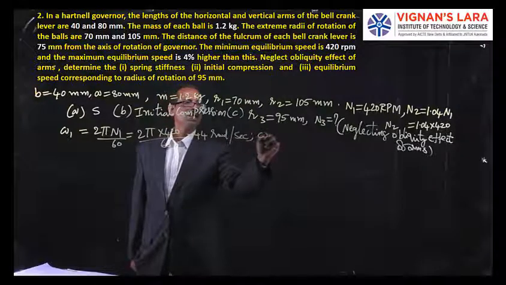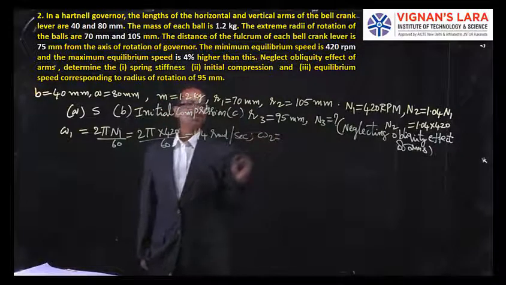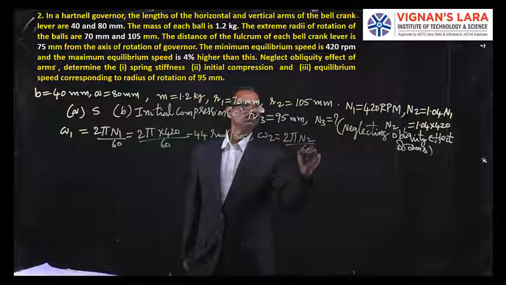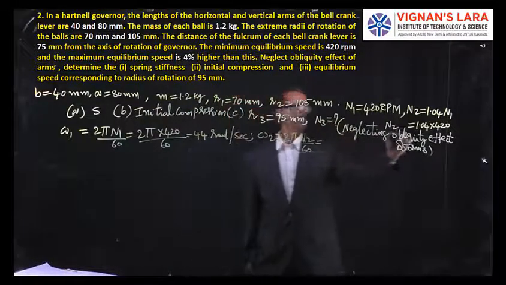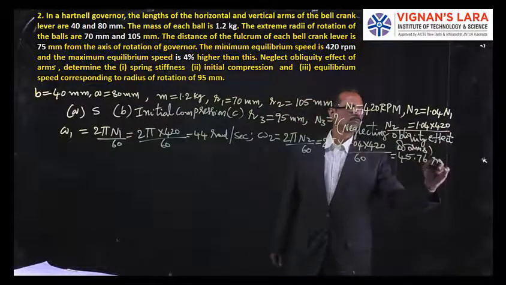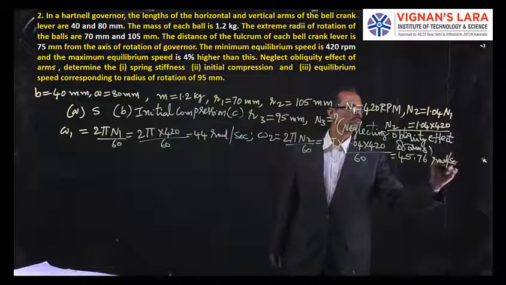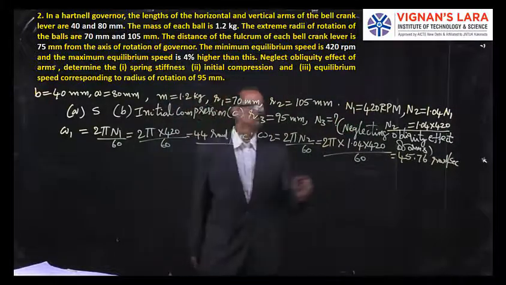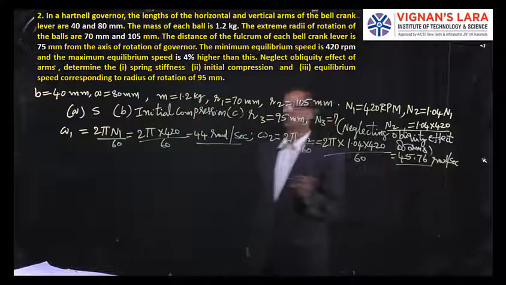Then omega 2, that is 2 pi N2 by 60. What is given? N2 is 4% higher than N1. So I got omega 1, I got omega 2.